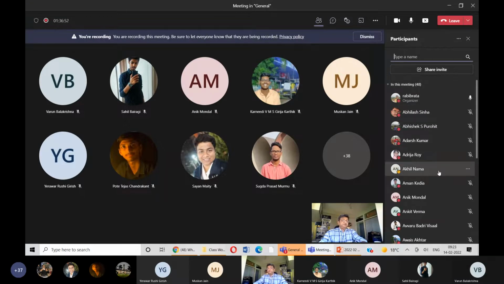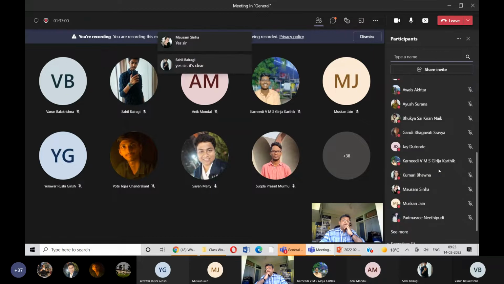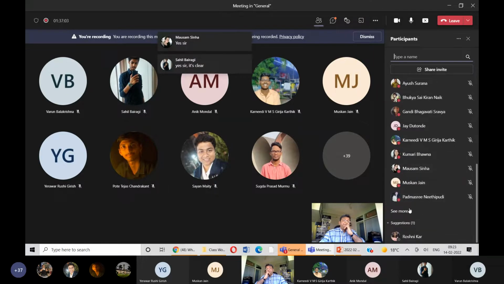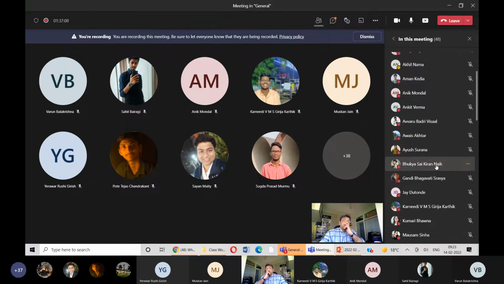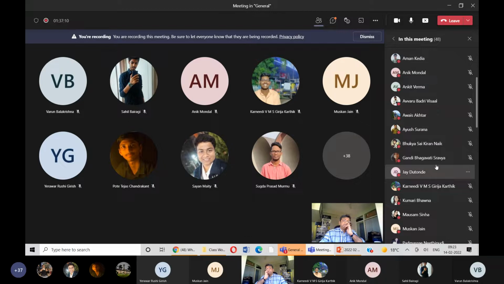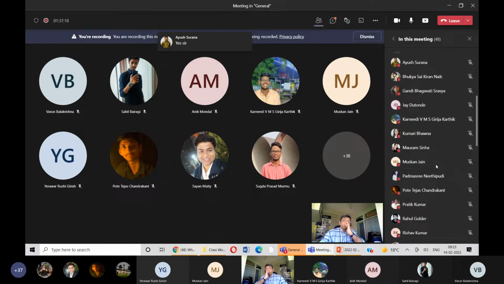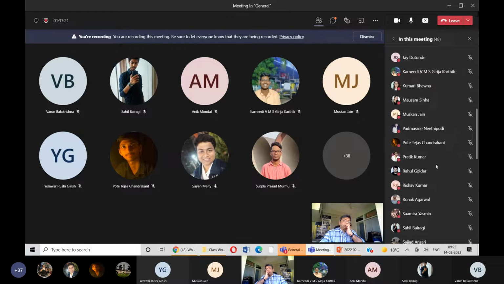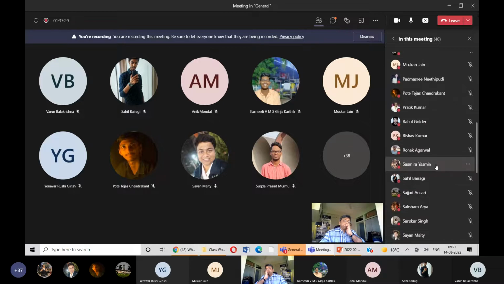Akhil Nama has left, removed from the meeting, a few people. Ankit Verma, have you understood? Badri Vishal, Ayush Surana, Muskan, Bhagavati, Jay, Tejas, Pratik, Rahul Goldar, Ronak, Sajad Ansari, Saksham.